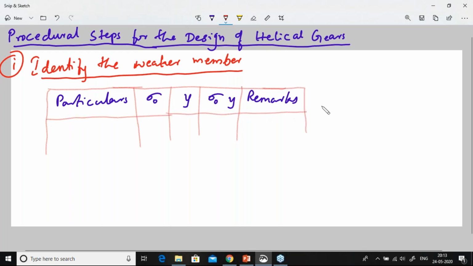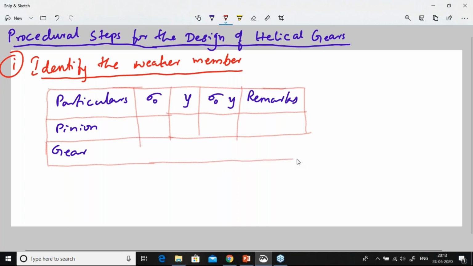Another two rows will come, one for the pinion and another one for the gear. For pinion it is sigma naught 1, for gear sigma naught 2; y is y1 and y2; and this one is sigma naught 1 y1, this is sigma naught 2 y2.